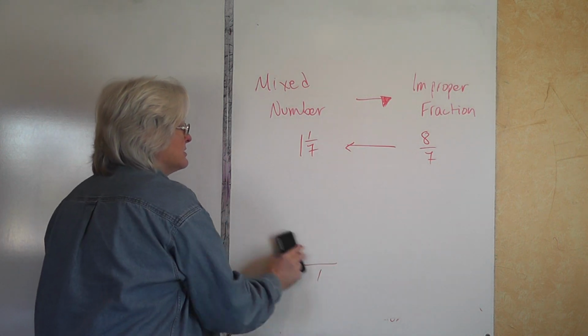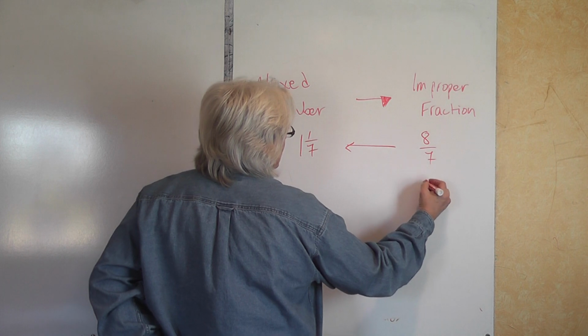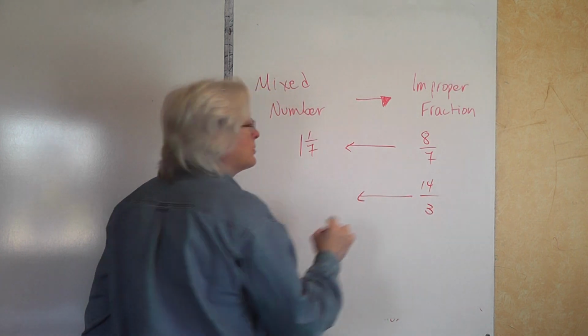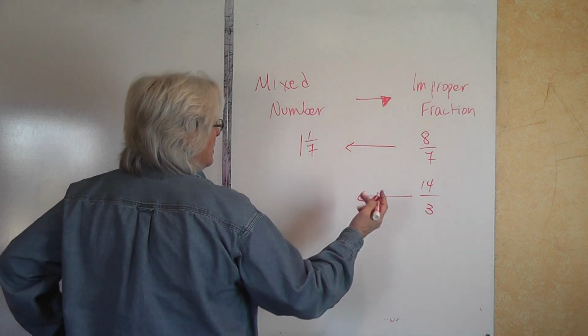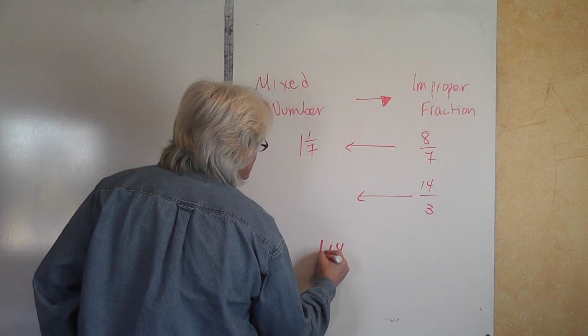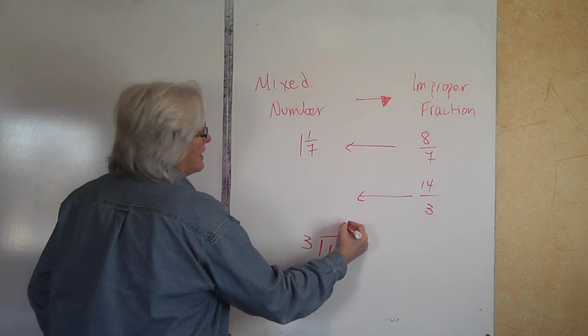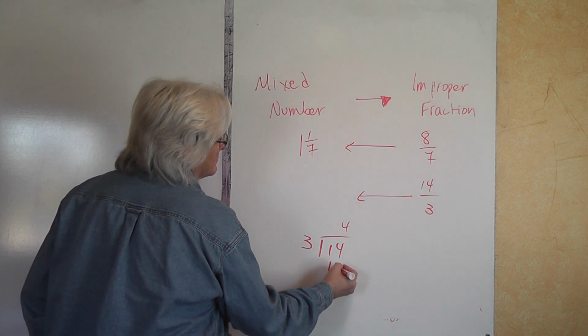We do one final example. And we have 14/3. It's an improper fraction because the numerator is greater than the denominator. We're going to do a long division problem. 14 divided by 3. You can count 4 3s because 3 times 4 is 12.